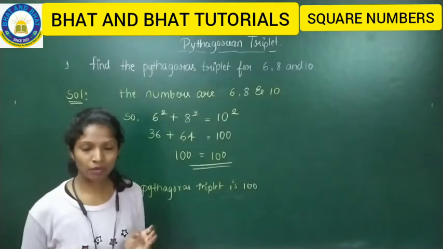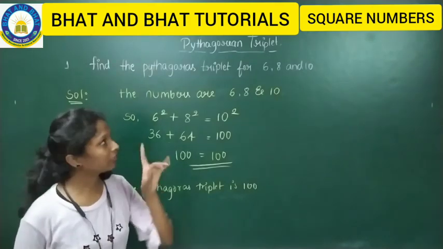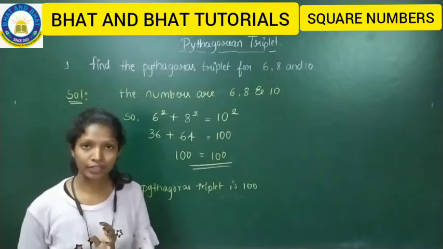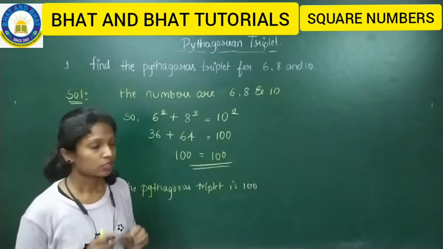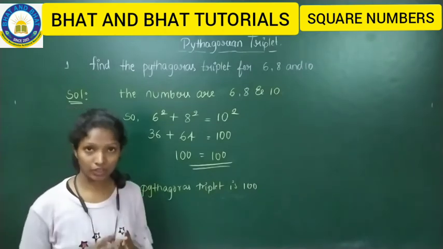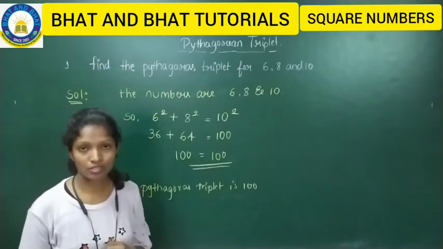See the question again, I'll explain. They have given you three numbers. Usually in your exams they will give you only one number and ask you to find the triplet, but here they have given three numbers, and for three numbers you have to find one Pythagoras triplet.